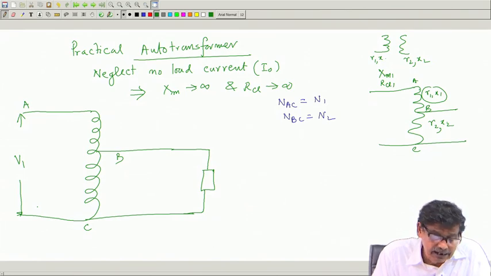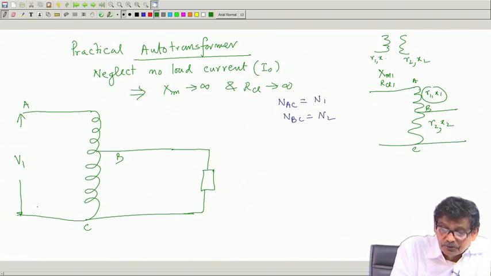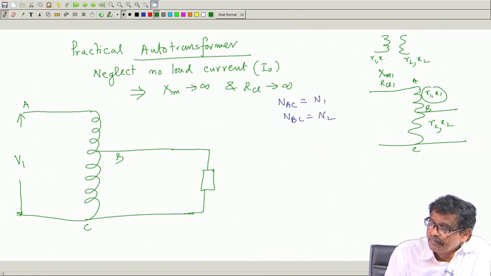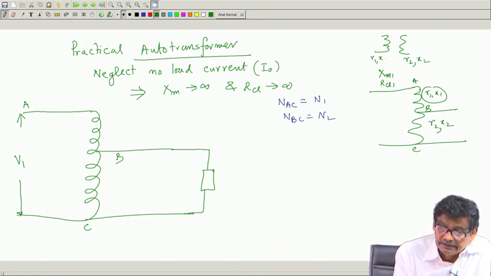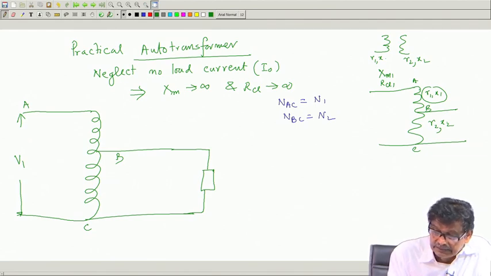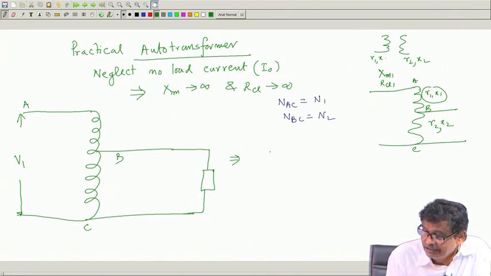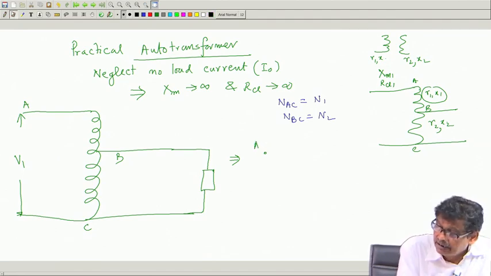Earlier when these things were not present, V 1 was equal to the induced voltage here, V 2 was equal to induced voltage here. Therefore, we can easily see that if I want to show this resistance and leakage reactances, I must draw it like this. A point, I will draw it at a slightly higher place.